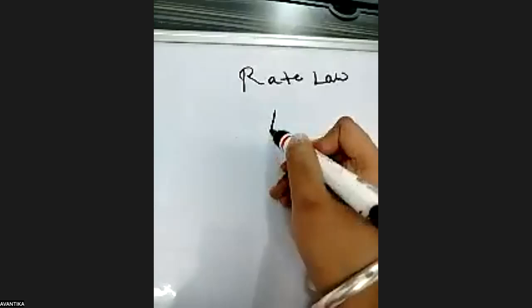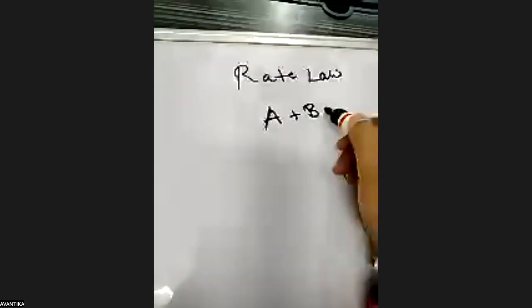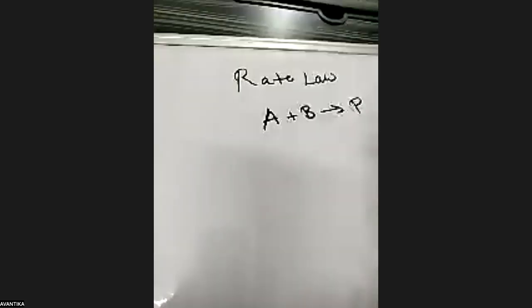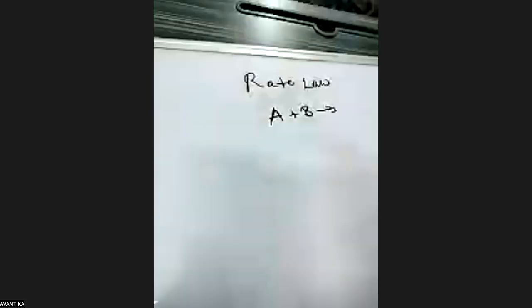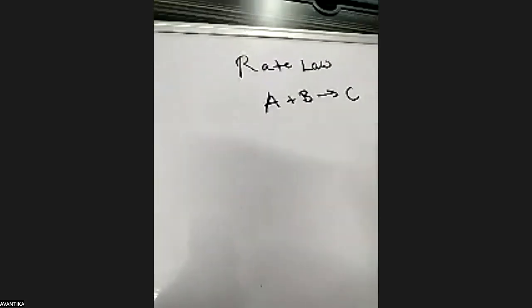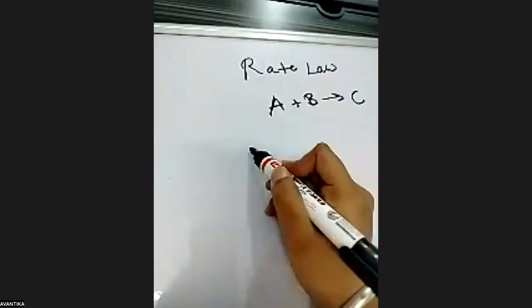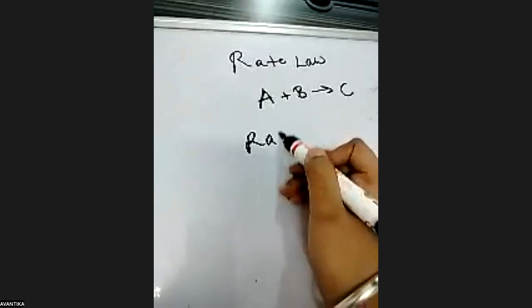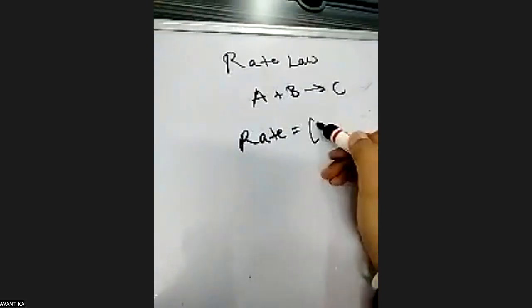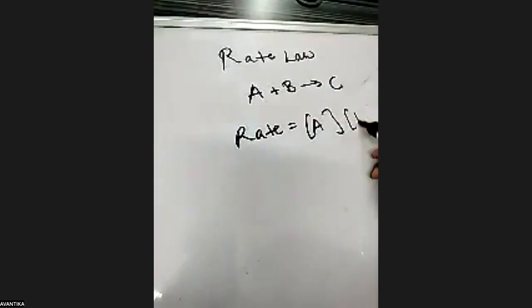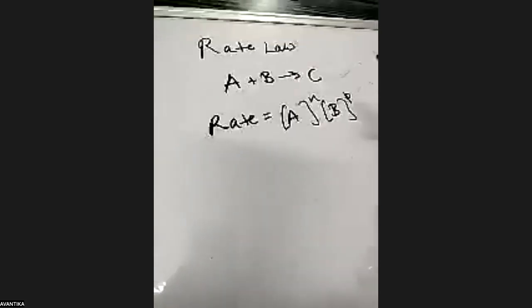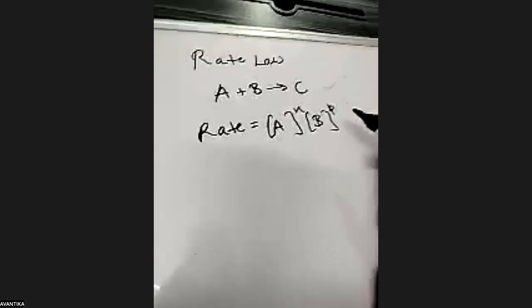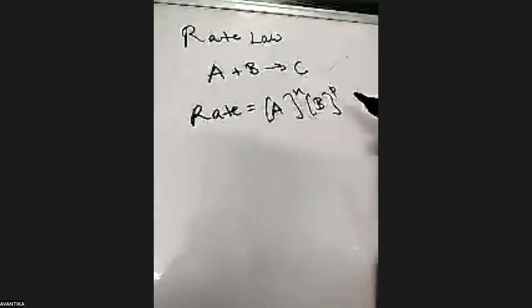We can write A plus B giving product. Then according to rate law, here the powers can be equal or not equal to the stoichiometric coefficient of the reactants.